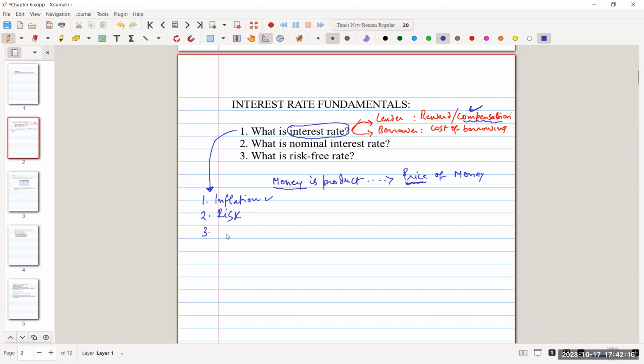Then another factor that we can think about is called liquidity preference. Everyone here, I believe, understands the meaning of the term liquidity, right?